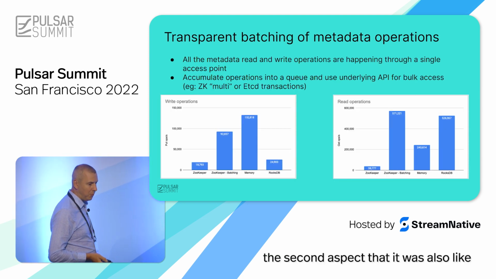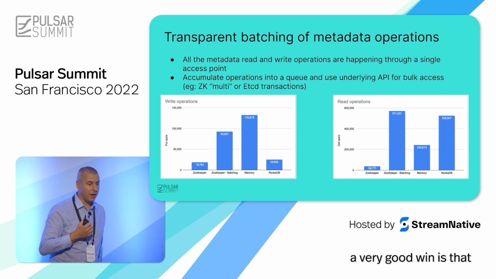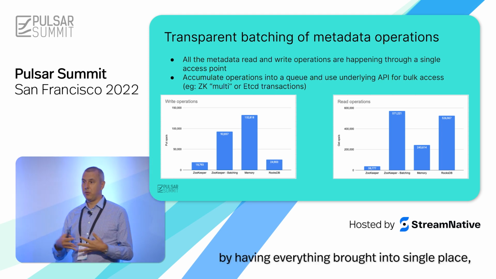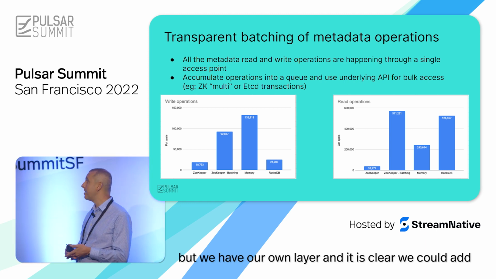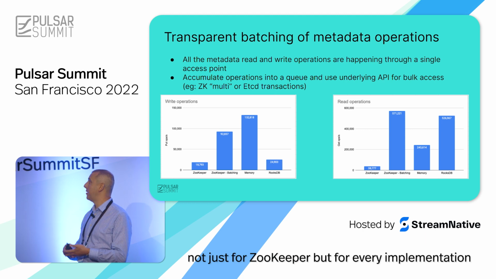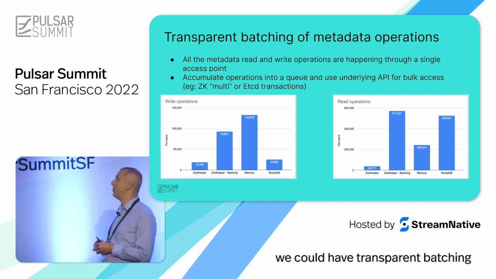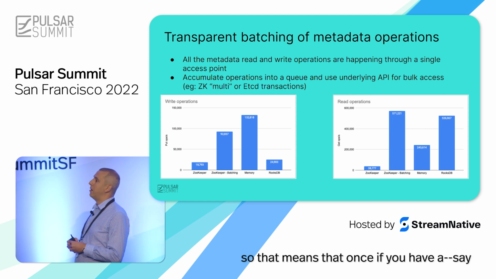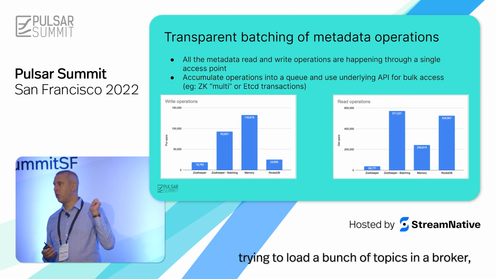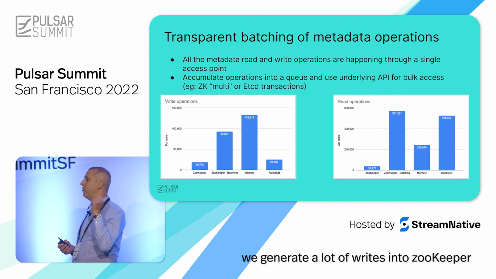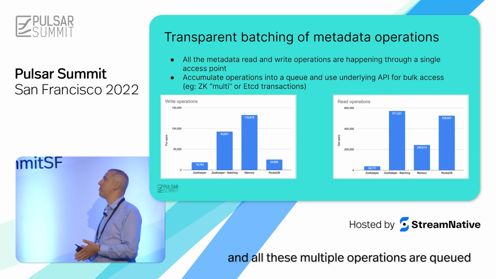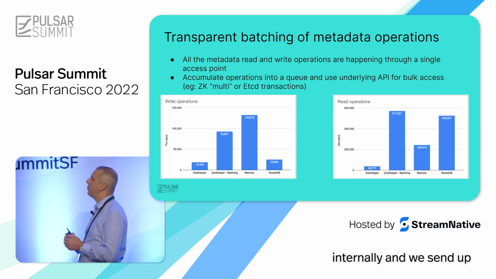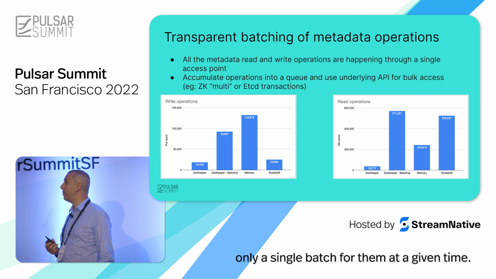The second aspect that was also a very good win is that by having everything routed into a single place, we don't use the ZooKeeper API directly anymore, but we have our own layer. And in this layer, not just for ZooKeeper but for every implementation, we could add transparent batching. So if you are trying to load a bunch of topics in a broker, we generate a lot of writes into ZooKeeper. All these operations are queued internally, and we send only a single batch for them at a given time interval.